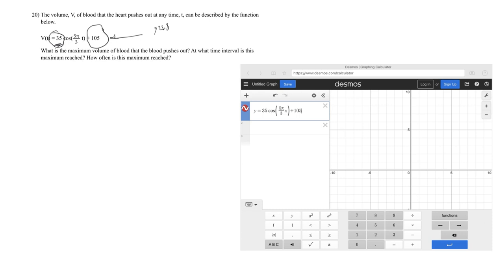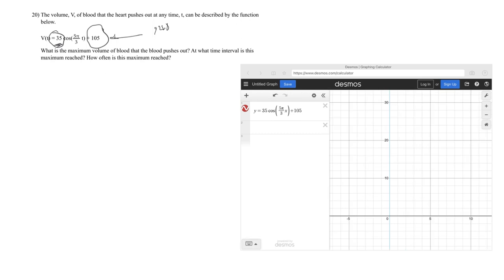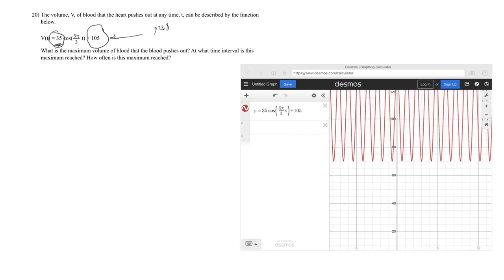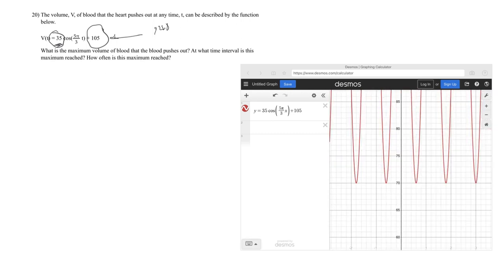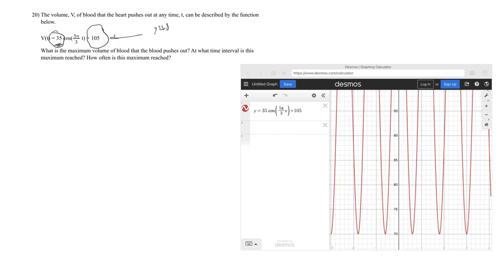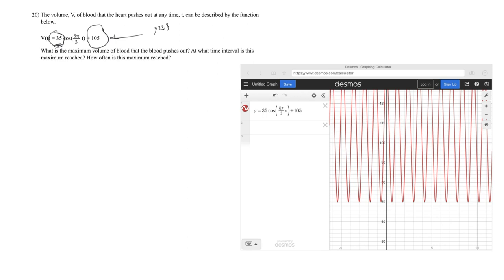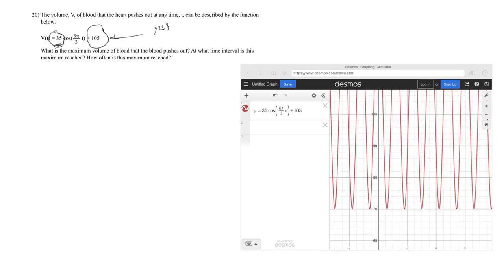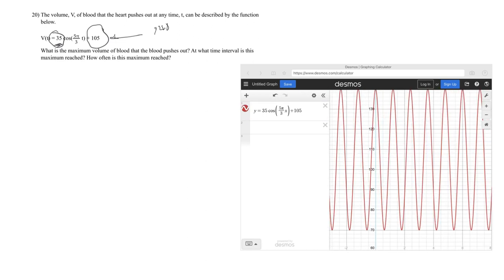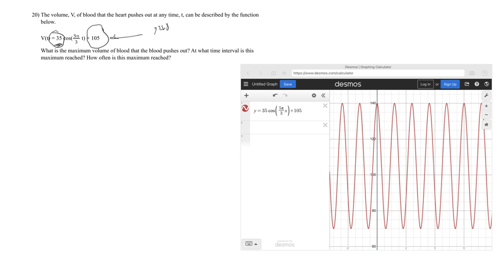Now I don't see any graph, it's because it's moved up 105. So if I shrink a little bit, there's my graph right there. Anyway, to get the maximum, I can just tap on the top of it.